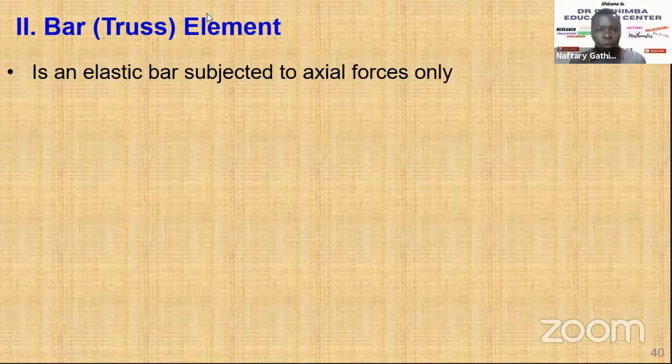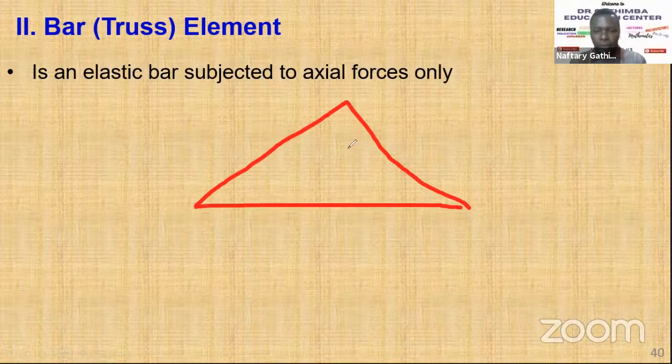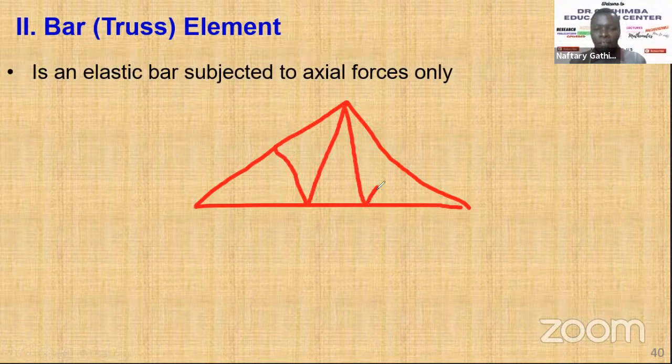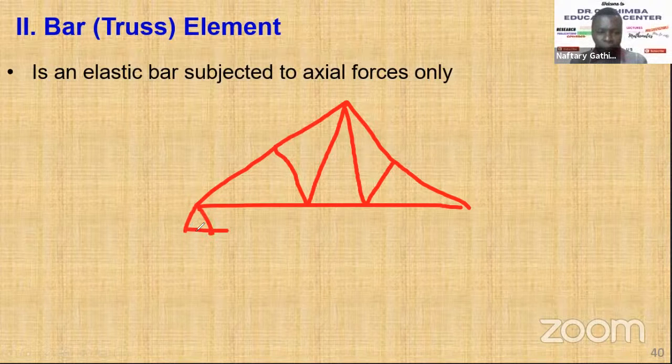And for what you have been covering, you have had the issue of a truss. Don't worry about why I use the truss so much. It's because this is the one that you have covered all the way from theory of structures 1, and it's also easy to comprehend, because for the truss, there is one assumption that we make.